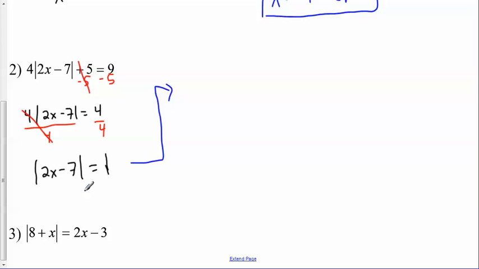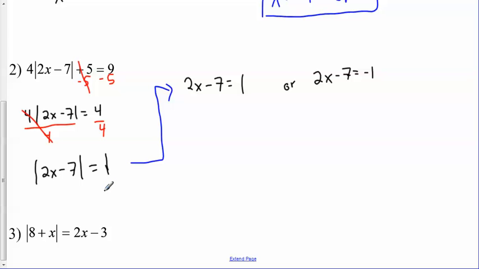Absolute value of 2x minus 7 equals 1 means the expression 2x minus 7 is located 1 unit from 0 on the number line. So 2x minus 7 equals 1, or 2x minus 7 equals negative 1. And again, understand what we went through in the previous video. Whatever's in the absolute value does not change, because this equation, you read it as the absolute value of 2x minus 7 equals 1.